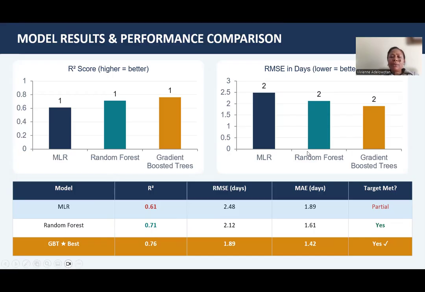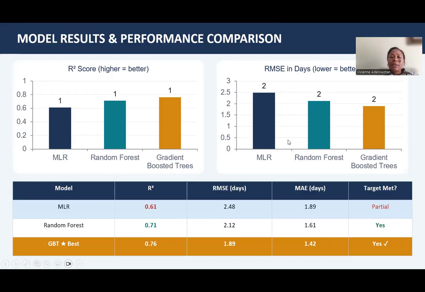GBT is the recommended model here because it has R squared of 0.76 and RMSE of 1.89 days.